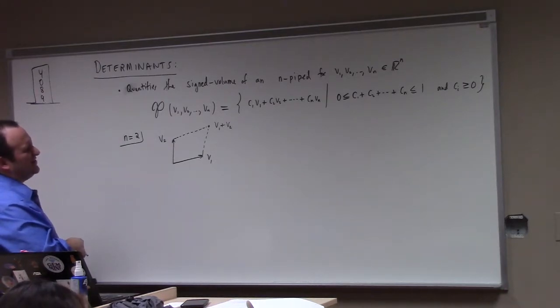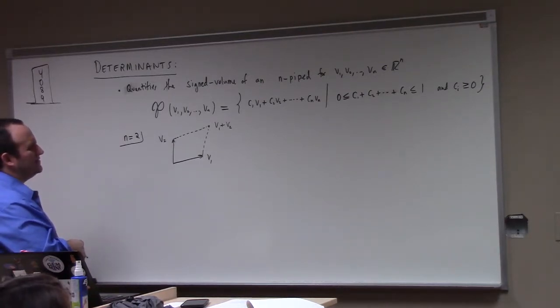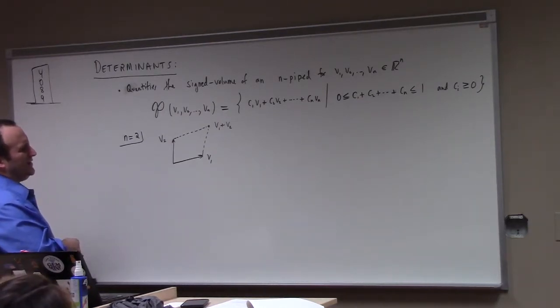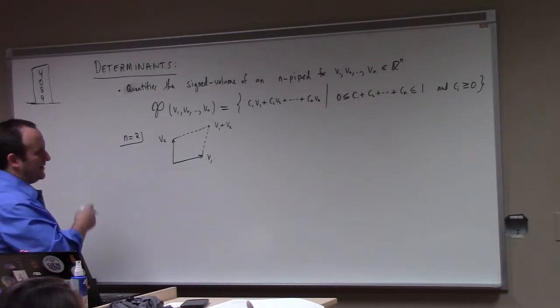I don't think my condition's quite right, because here I've got C1 and C2 are both what? Both 1. So the sum of C1 plus C2 is 2. So my condition's not quite right here.